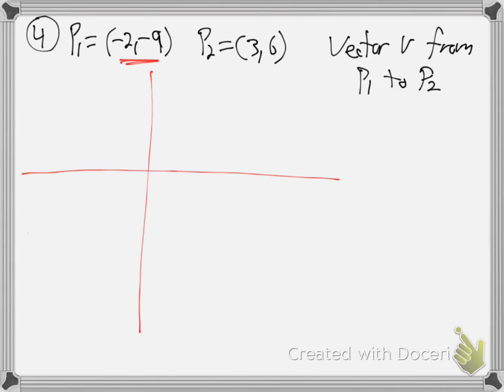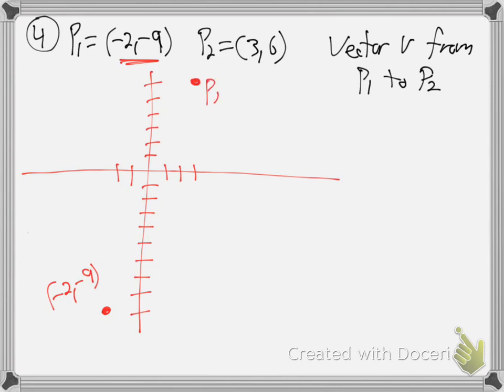So back to down 9. 1, 2, 3, 4, 5, 6, 7, 8, 9. Back to down 9 and over 3. 1, 2, 3, up 6. 2, 3, 4, 5, 6.